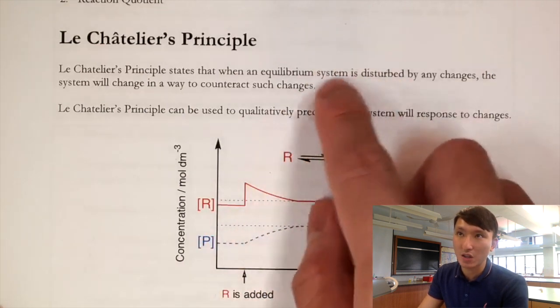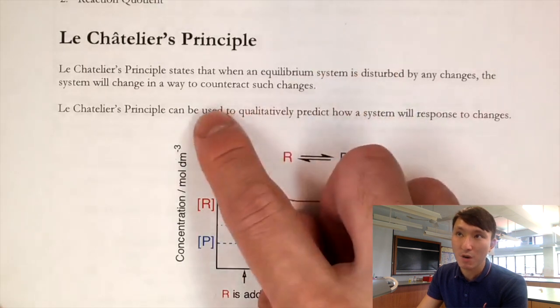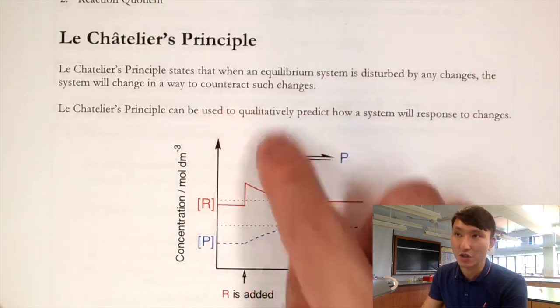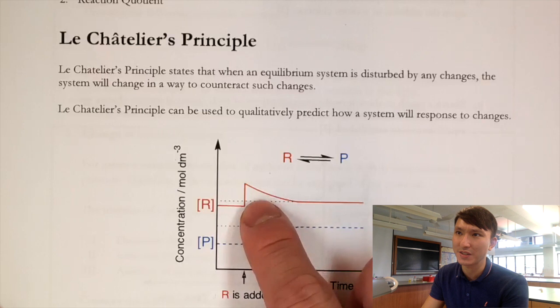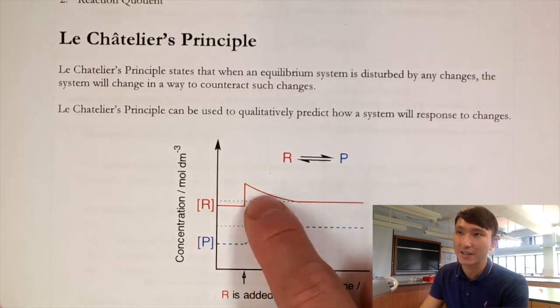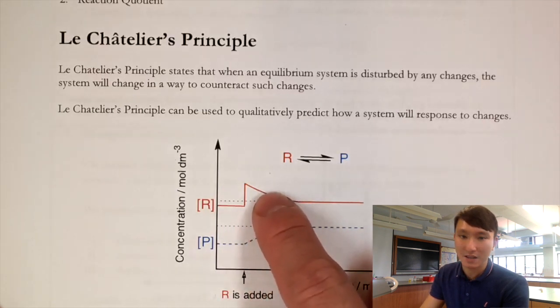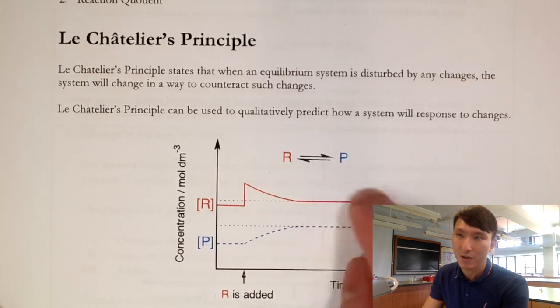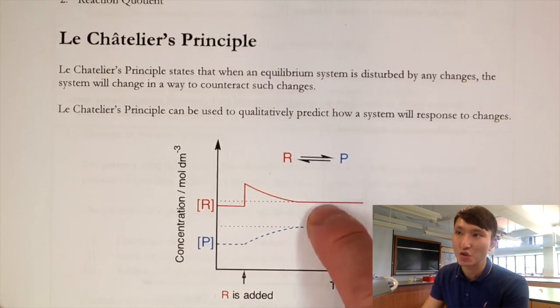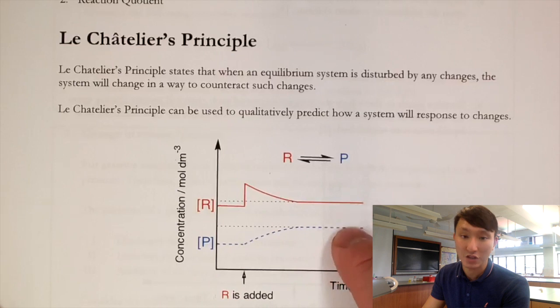Now according to Le Chatelier's principle, it will respond in order to counteract such a change. So to counteract the increase in concentration of R is obviously to decrease its concentration, right? So as you can see, after it is being added, the system is no longer at equilibrium, and it will adjust itself in order to reach a new equilibrium where you see again the two concentrations remain unchanged.